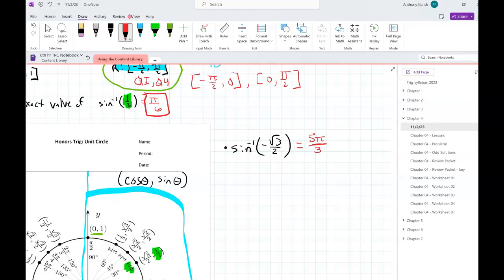So this can't be our answer. But maybe there's another angle on the unit circle whose terminal side is in the same position as 5 pi over 3, but that angle is between negative pi over 2 and positive pi over 2.